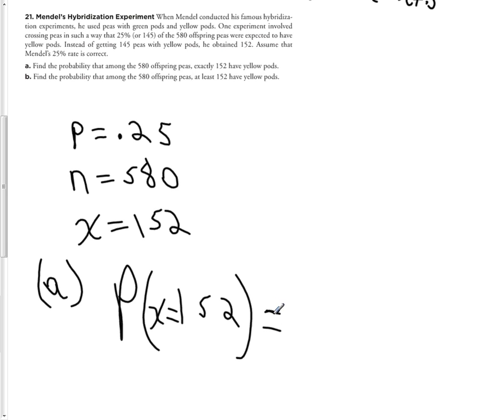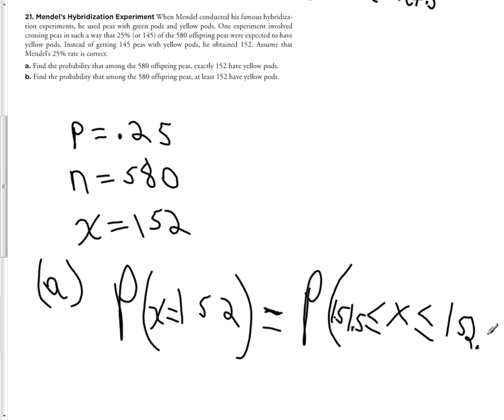So we have to convert this discrete number to an interval, where x would be somewhere between 151.5 and 152.5.